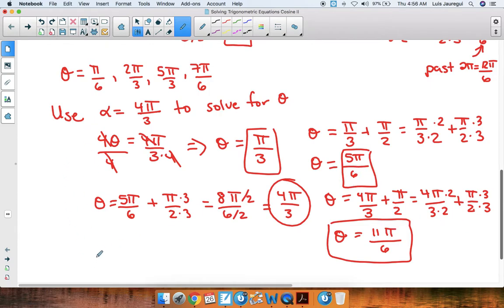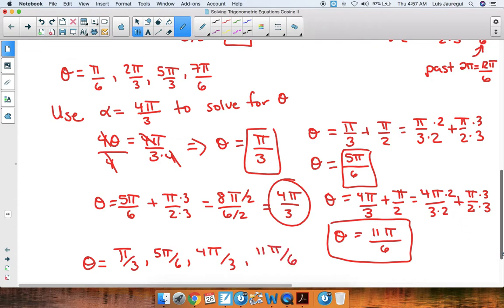So based on alpha being 4 pi over 3, we get that theta will be equal to either pi over 3, 5 pi over 6, 4 pi over 3, or 11 pi over 6.